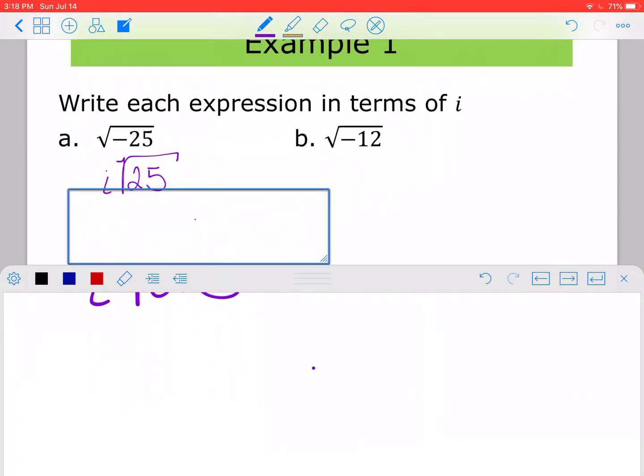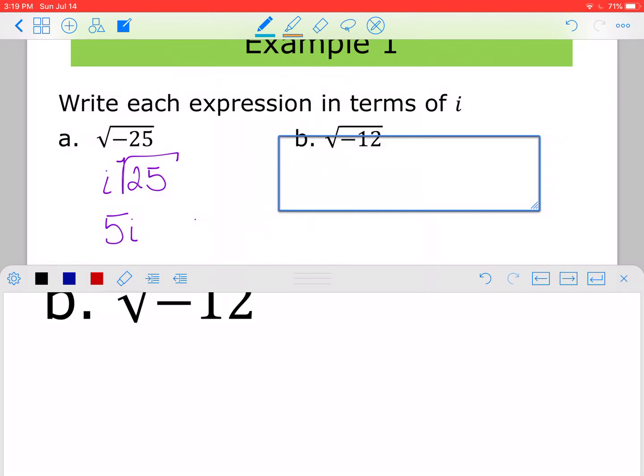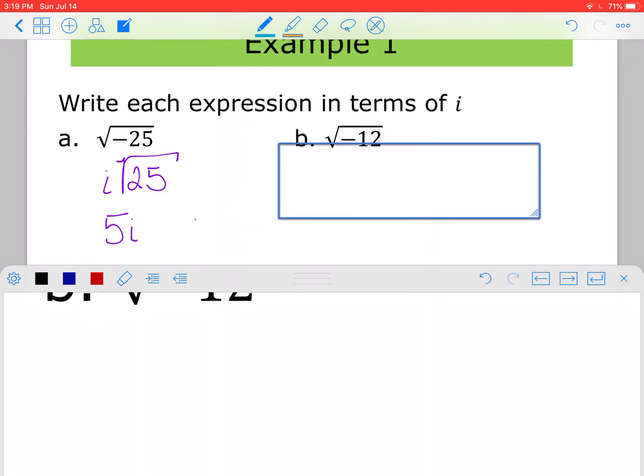Okay, so here we have the square root of negative 12, so i comes out front. And that's not a perfect square, but we can deal with that. The square root of 12, we've done these before, would be 4 times 3, and the square root of 4 is 2.